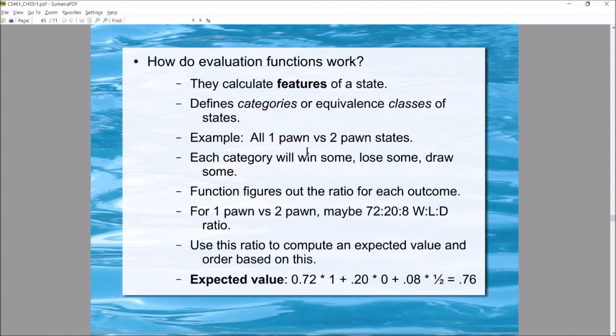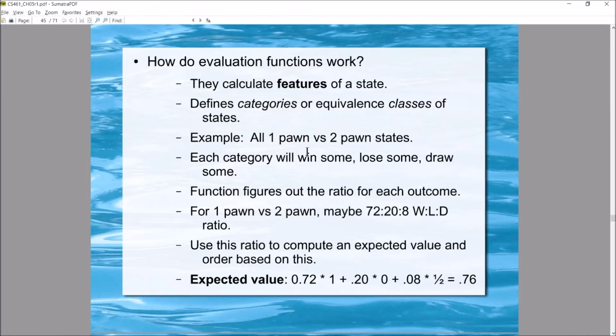So, for example, the black chess player has 1 pawn, the white chess player has 2. So maybe, just for example, that leads to a 72% chance of winning for the AI, 20% chance of losing for the AI, 8% chance of drawing.